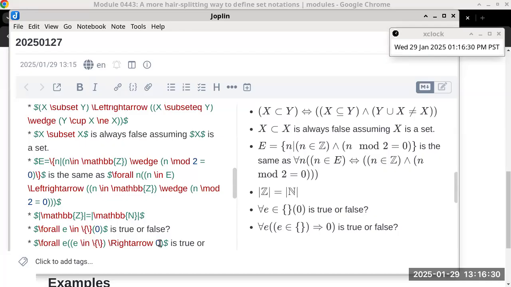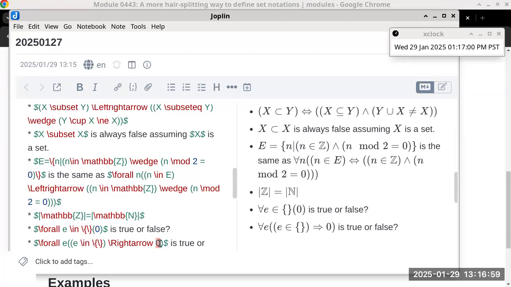The answer is always no, always false. So if the left-hand side of the implication is guaranteed false, then the implication is always guaranteed true, which means that no matter what you choose in the entire universe as variable E, this statement is always true. And as a result, the quantified expression is also always true. Are we good?